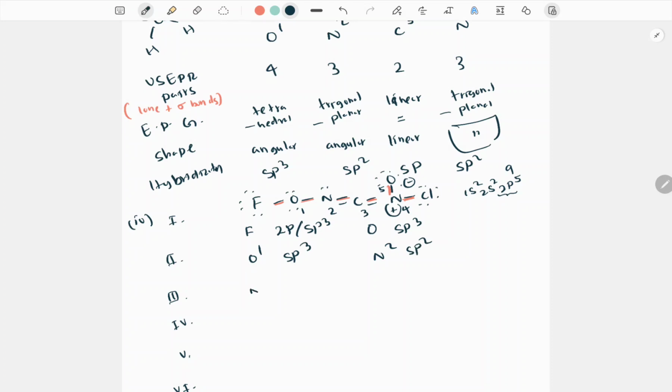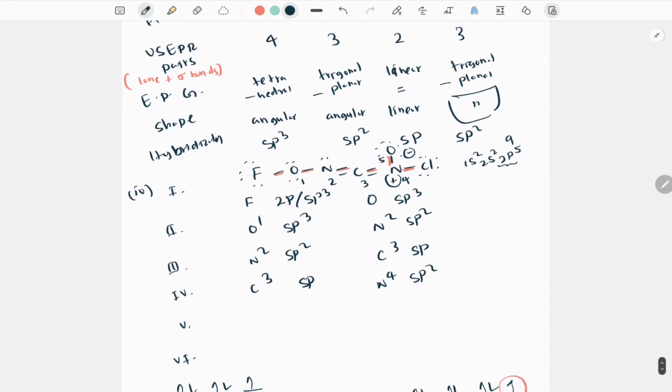Third one, between N2 and C3. N2 will be sp2, C3, there are 2 VSEPR pairs, therefore sp. Fourth one, C3 and L4: C3 sp, L4 will be sp2. Fifth one, N4 and O5.